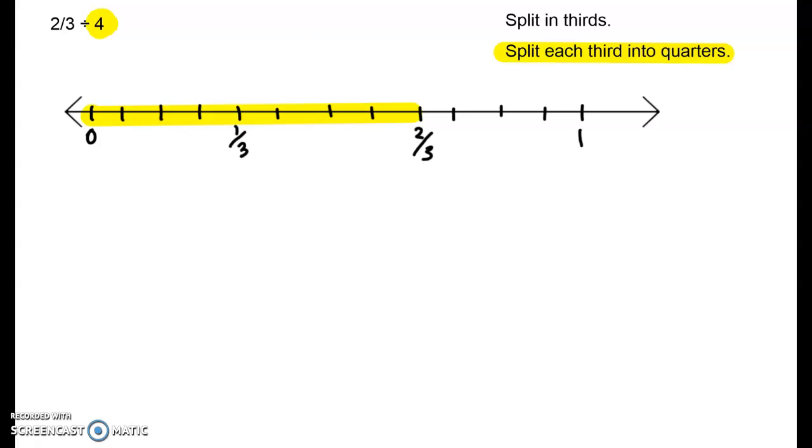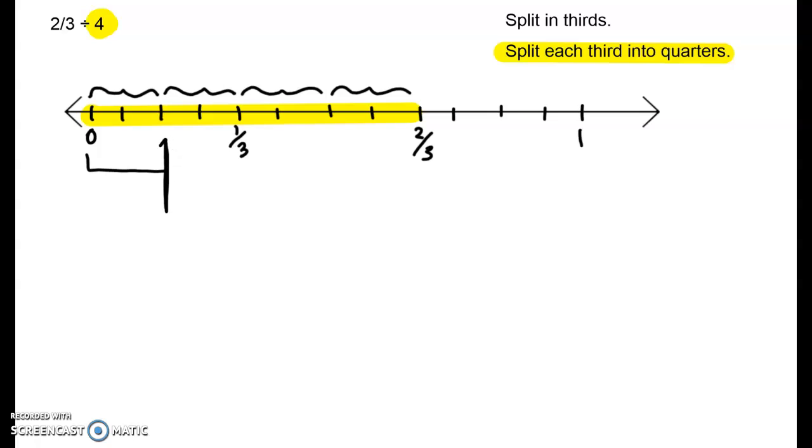And we want to split that into 4 equal pieces. So I'm going to grab my pen. We see that there's 1, 2, 3, 4, 5, 6, 7, 8. If we were going to divide that into 4, each would be 2 ticks. So we see that 2/3 divided into 4 would be this much.